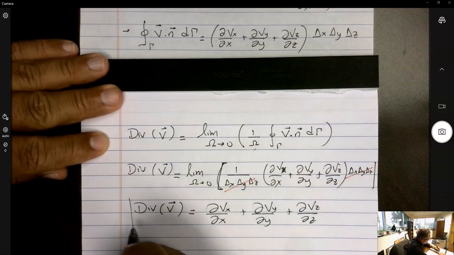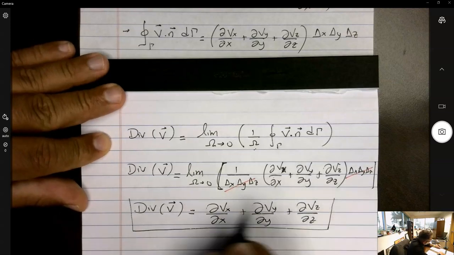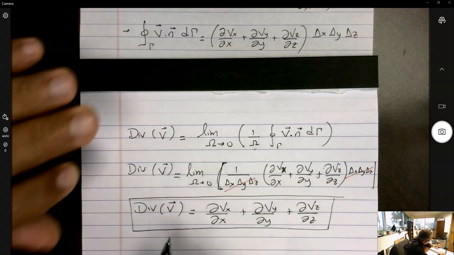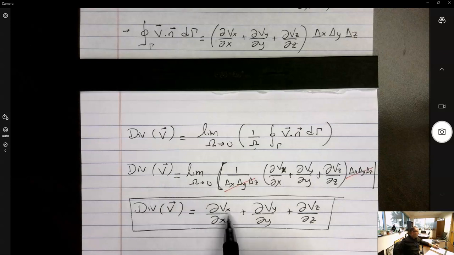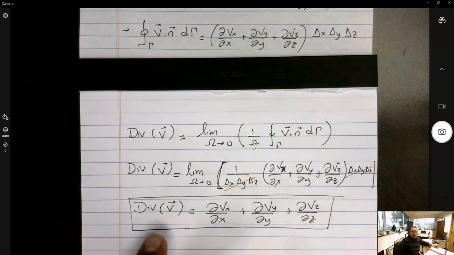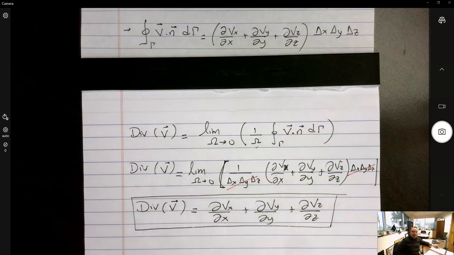And this is something that might look familiar to you. If you take the divergence of a vector field, all you have to do is take each of its components, differentiate them with respect to its own direction, and add them together. And this is a scalar operator. Notice that you started with a vector field that had components ex, ey, ez, and you ended up with a scalar field that has no components.